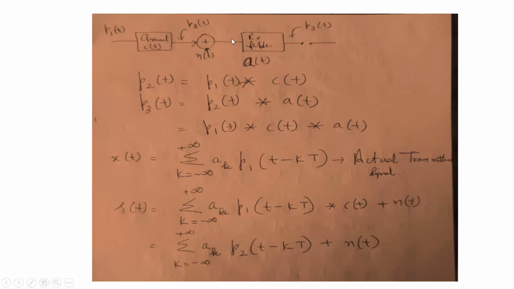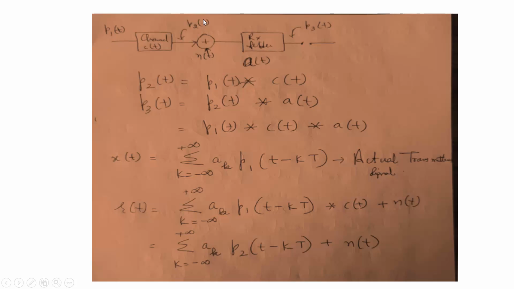Now at the receiver end, the p2(t) pulse will be received, and p2(t) will get convolved with the impulse response of this receiver filter to generate another pulse, p3(t), which is again a PAM pulse, but after it has gone through the channel and the receiver filter. And then we will do the sampling here after every capital T seconds to make the decision and to detect the input that was transmitted.